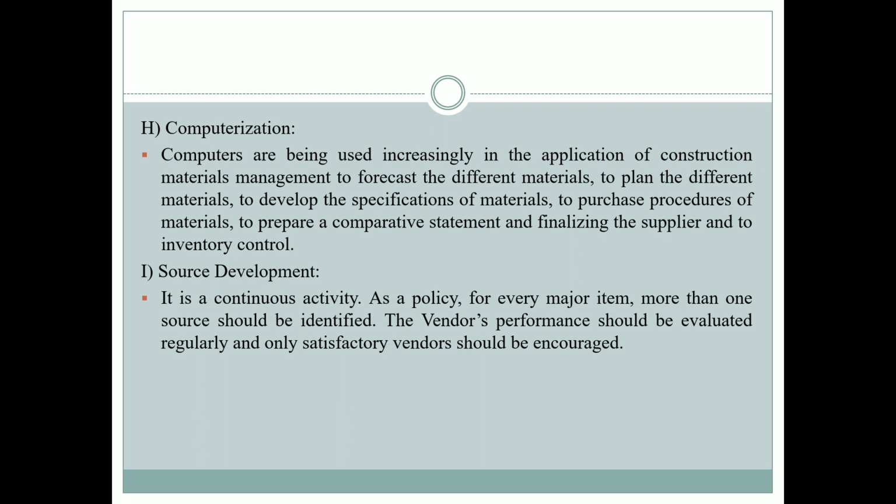So I am not focusing on only one vendor, I want to go for many vendors, so that if one vendor stops the supply of the material, I can go for some other vendors. So always for a major item, more than one source should be identified. The vendor's performance should be evaluated regularly, and only satisfactory vendors should be encouraged.